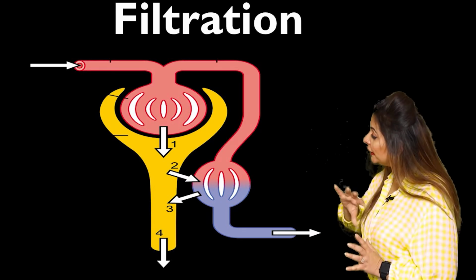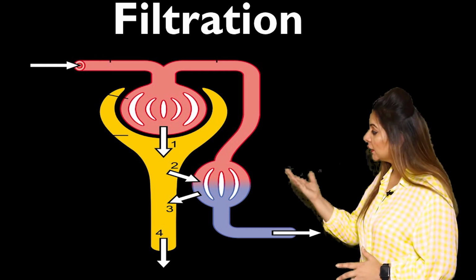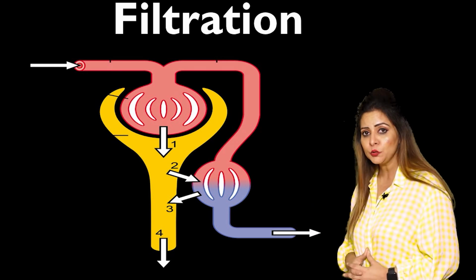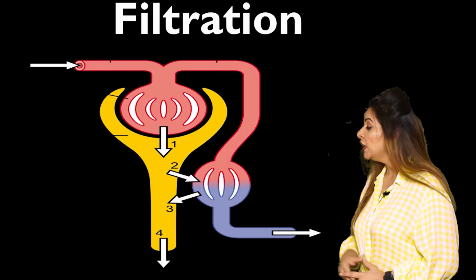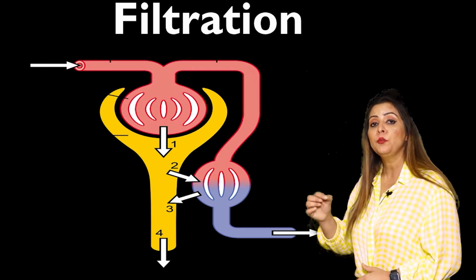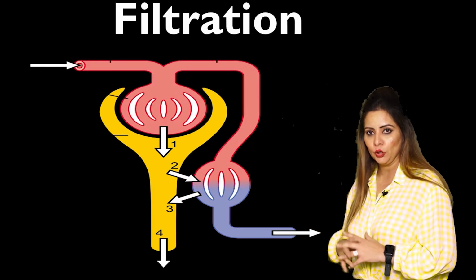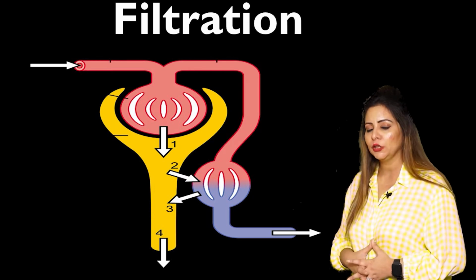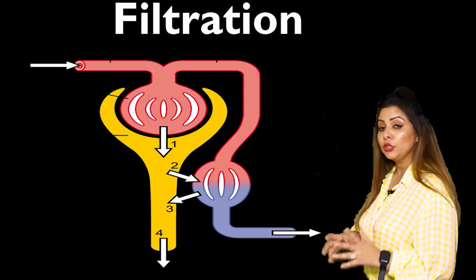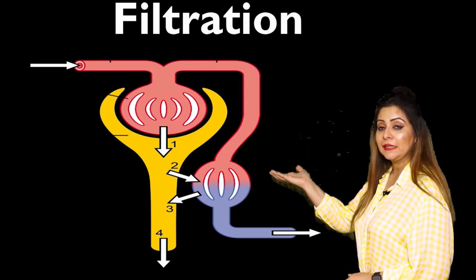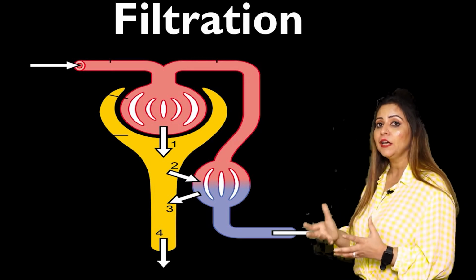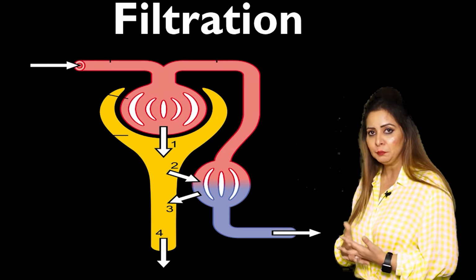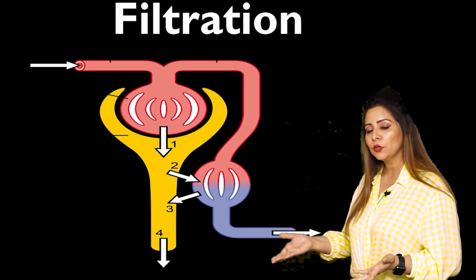Now, if you clearly look at the inner wall of the Bowman's capsule with the help of microscope, you can see that there are small pores present in the inner wall. Those pores are called as fenestra. And you also know that inside the capillaries, there are lot of substances which are present in blood, because we all know blood is a circulating fluid.